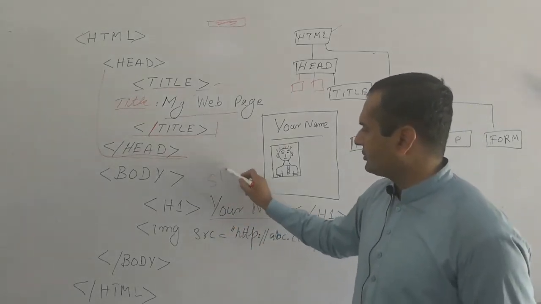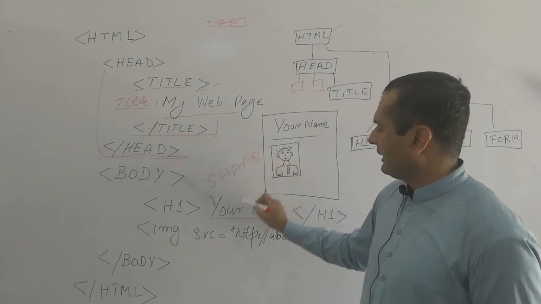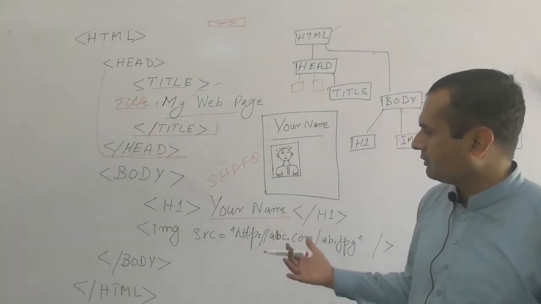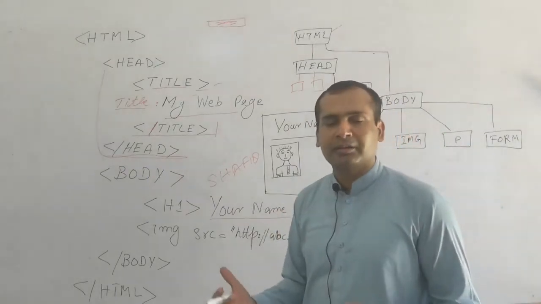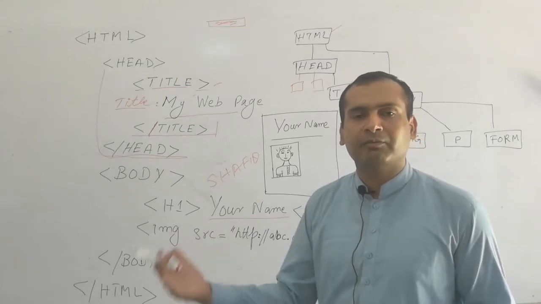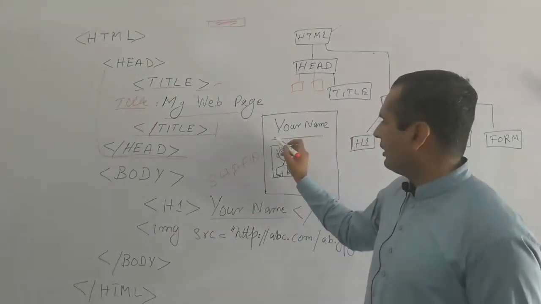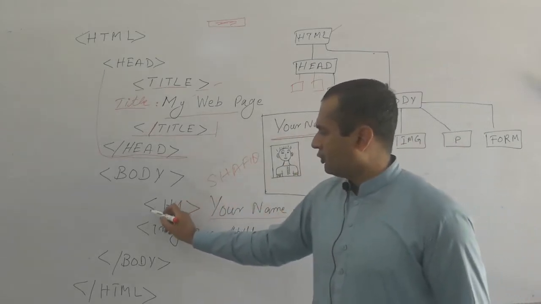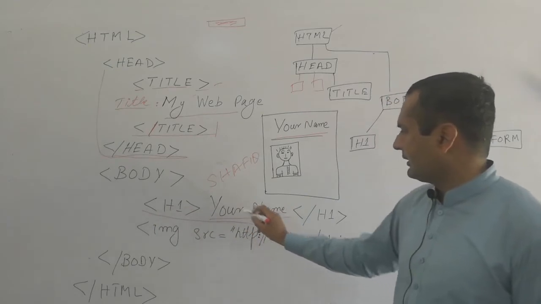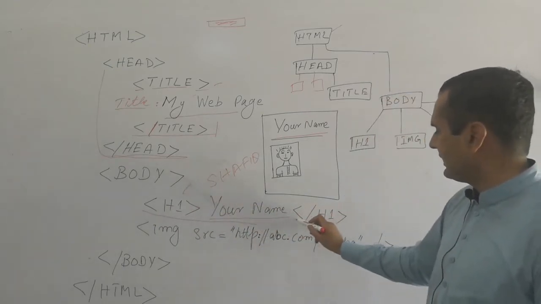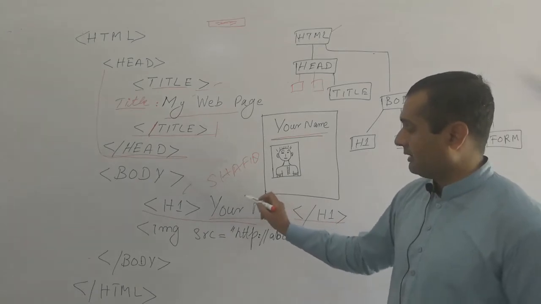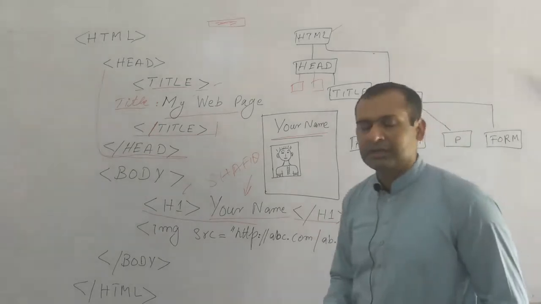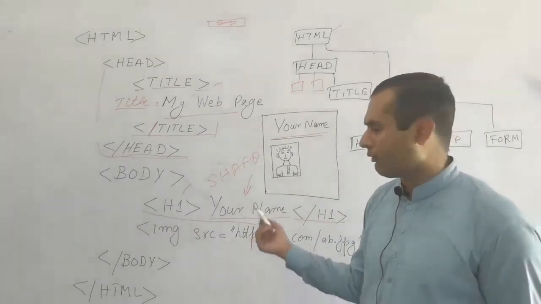If I wrote my name Shafiq, then it will be displayed on the web page as a heading one, with a very big font size. So this h1 tag starts here and ends here, and in between these tags there is the actual content or text that is going to be displayed on our web page.